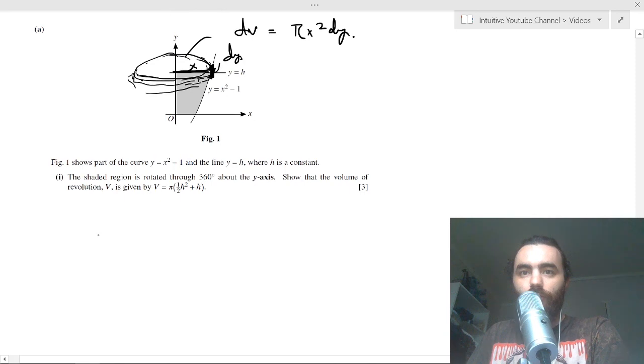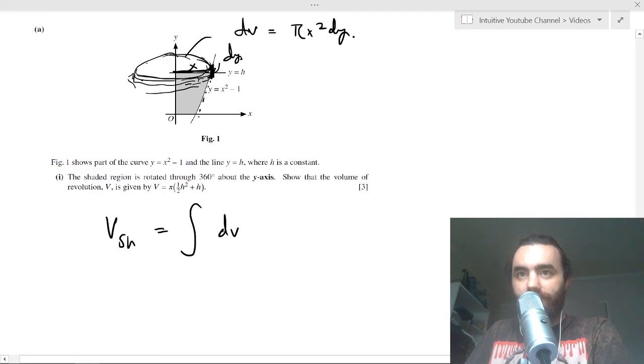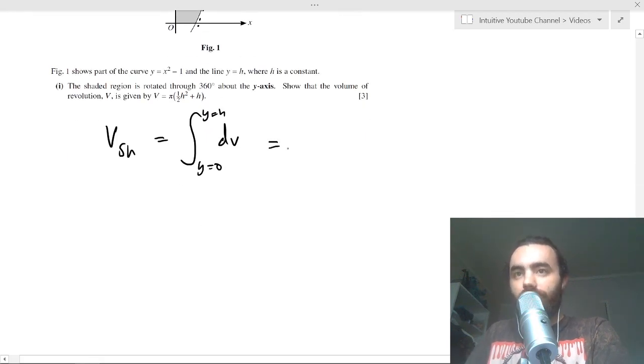So to find the volume of the shaded region, we have to sum up all of these dV's along this curve, between y equals h and y equals 0. So that's just the integral between h and 0 of pi x squared dy.